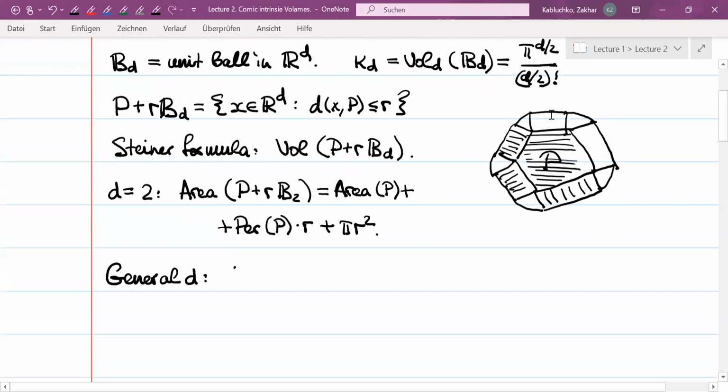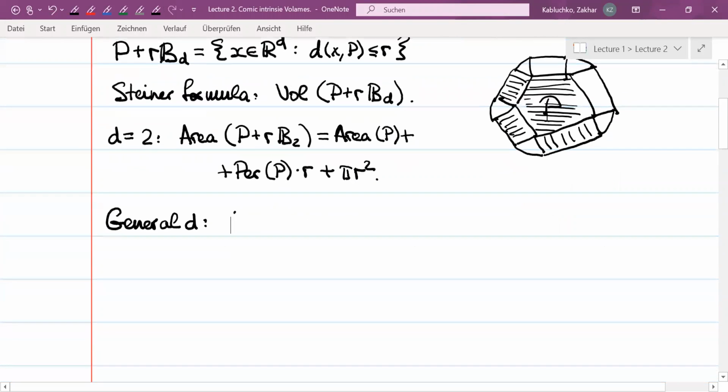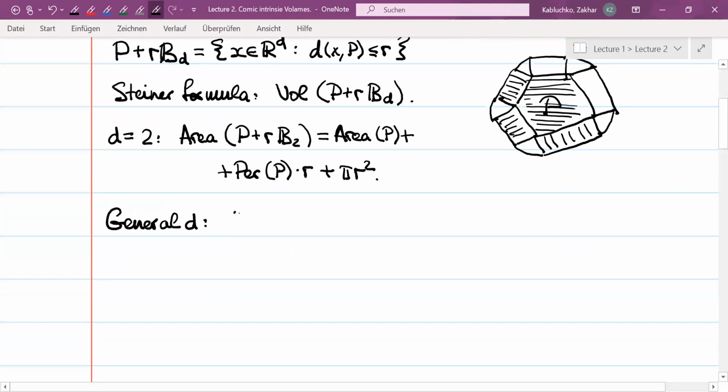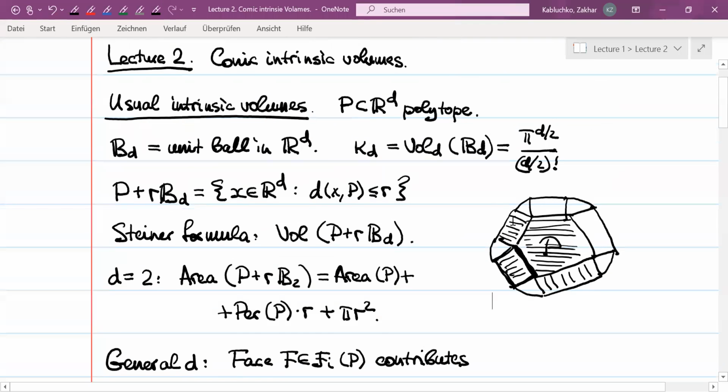So we have now a polytope of a general dimension D, and then it is easy to see that the neighborhood of this polytope consists of contributions of various faces, namely each face F of dimension i of P contributes the following term. By this I mean the following. For example, if we take here in the two-dimensional case this side, then this is the contribution of this side, right?